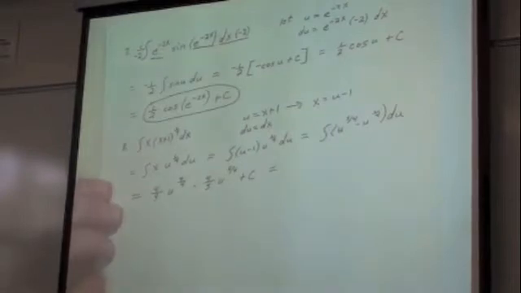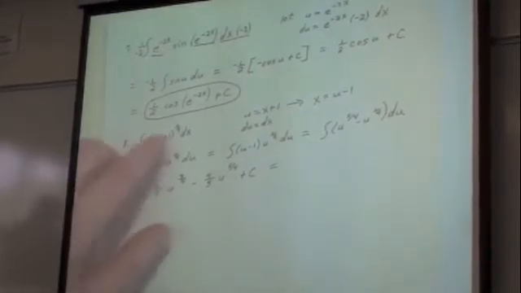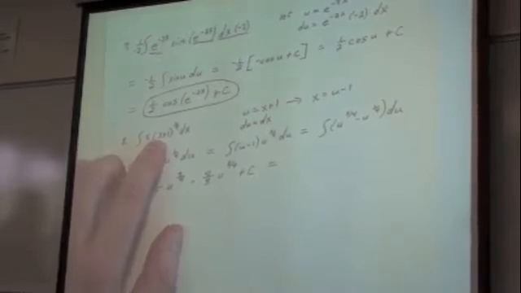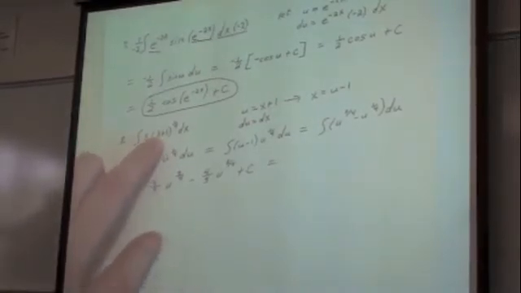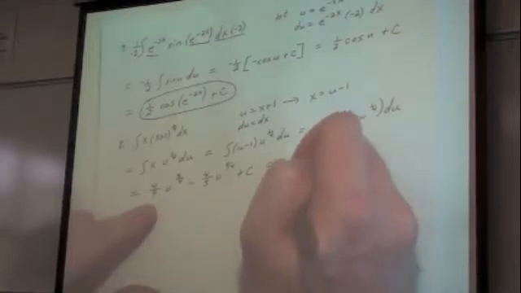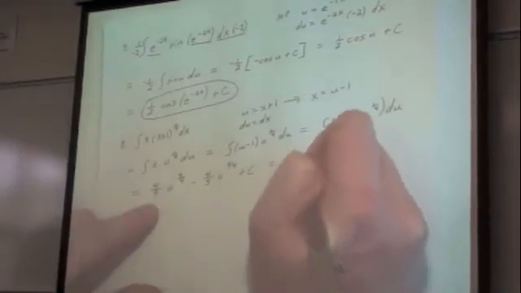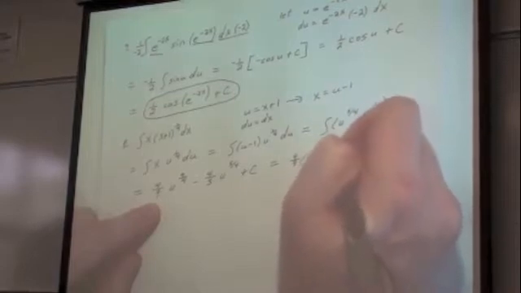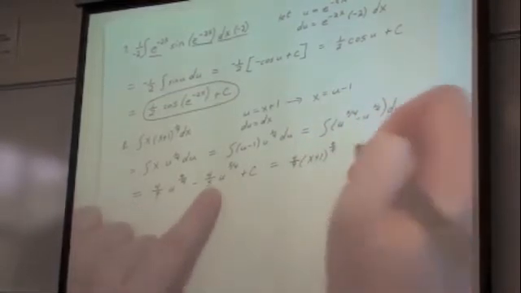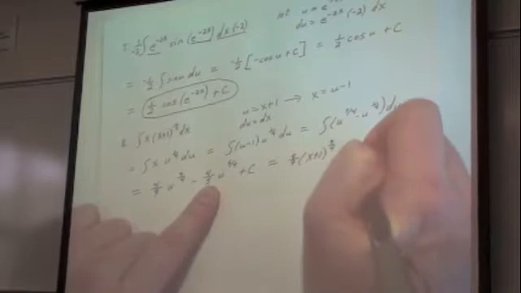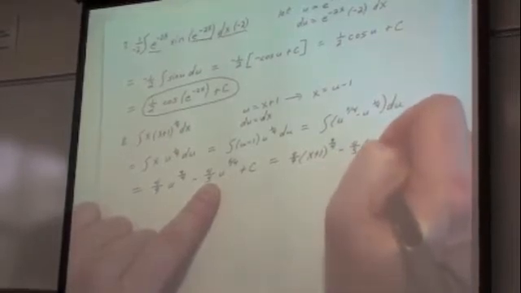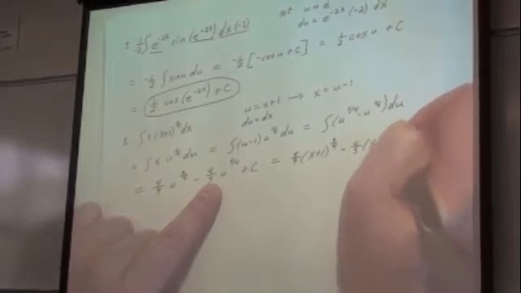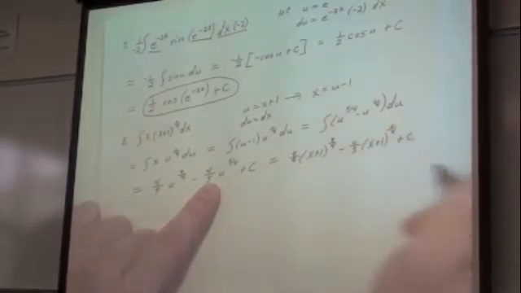And then putting in my final answer, I started to say putting it back in radical form, but the original form was fractional, so I'll keep it in fractional exponent form. But I'll say 4/9 times the group x plus 1 to the 9/4 minus 4/5 times the group x plus 1 to the 5/4 plus c.